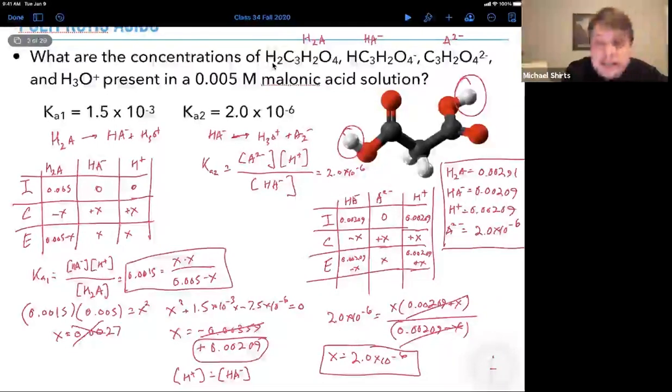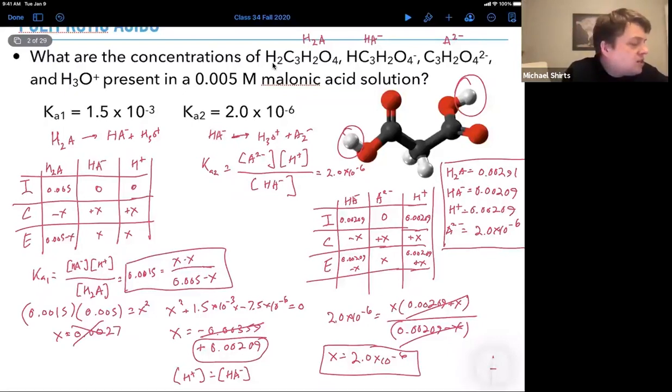You could continue to do the same thing if there were 3 protons, as with phosphoric acid, and you just keep following that. And so you could ask, do you have to worry about some sort of equilibrium? You're creating extra HA minus, and so then you have to go back and resolve the previous one.